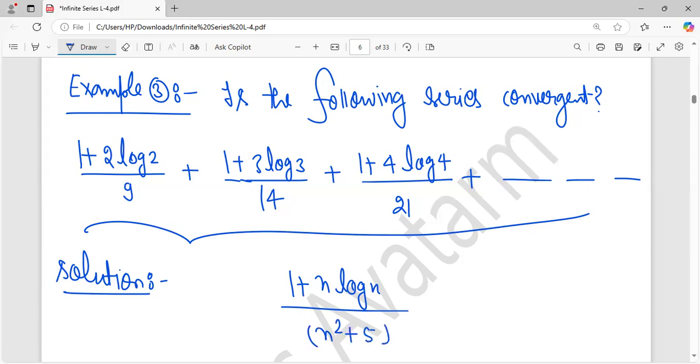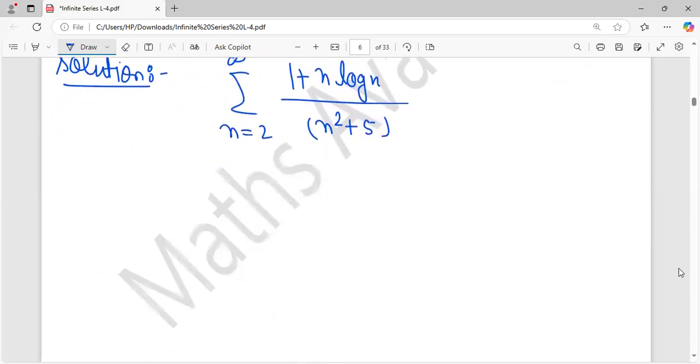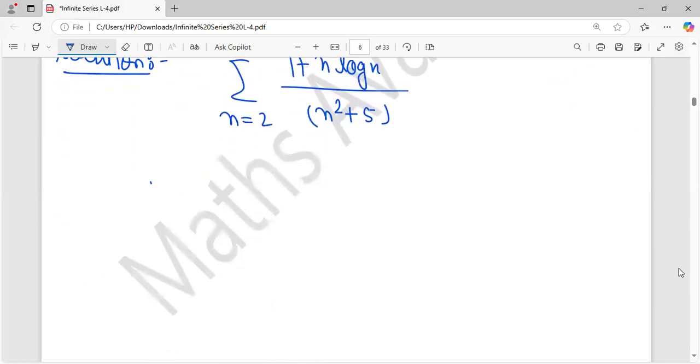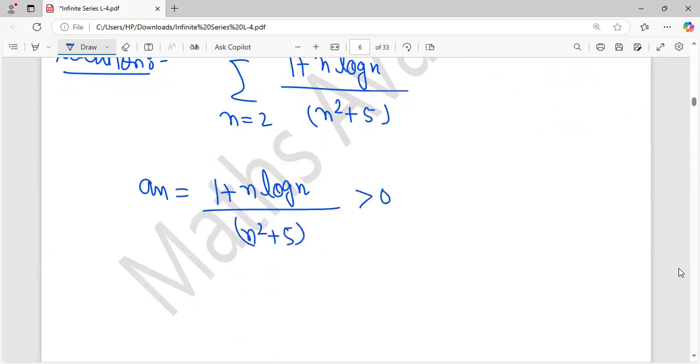I am starting this way, n goes from 2 to infinity. You can also write it like that, or you can use n plus 1 and start with n from 1 to infinity. It does not matter. So what is the nth term? An is 1 plus n log n upon n square plus 5, that is greater than 0.